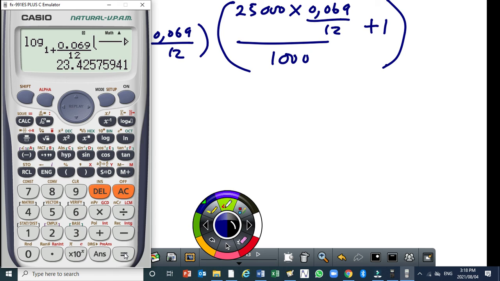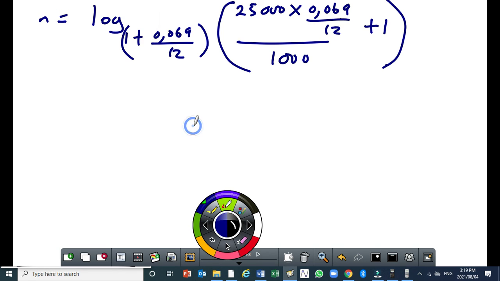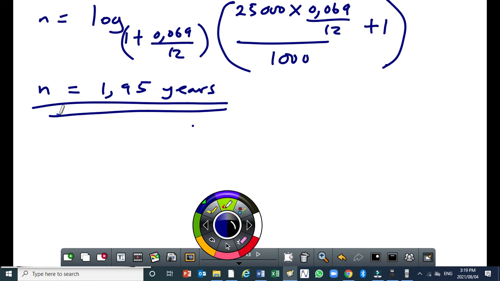It will be 24 because 23 of the payments will be full payments of 1,000, and the 24th one will be a fraction of 1,000. So for our answer, we divide this by 12 and we get 1 year and 11.95 months, which is close to 2 years. So n is going to be 1.95 years. And then you are done. Correct. Thank you, sir.